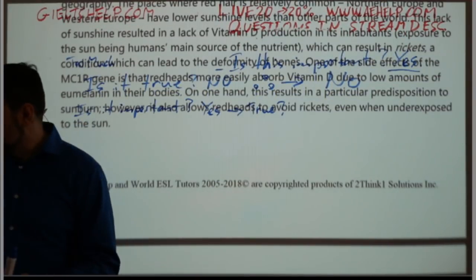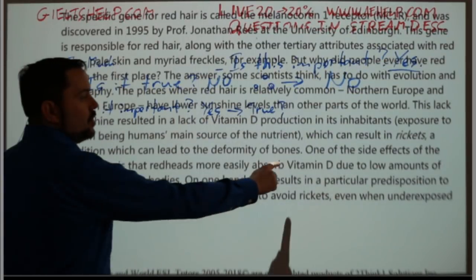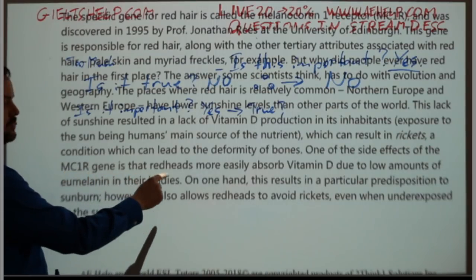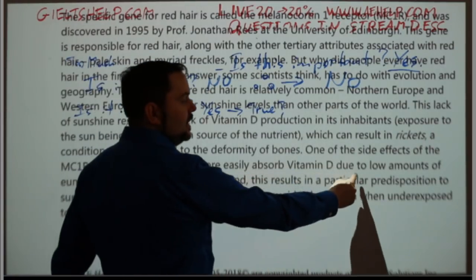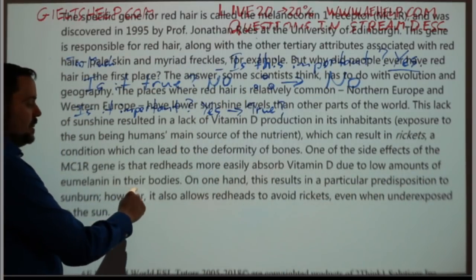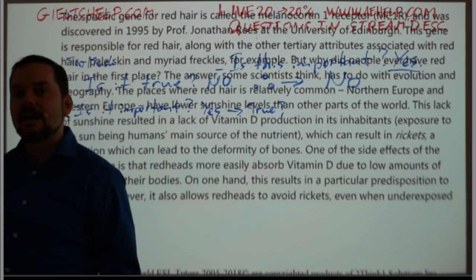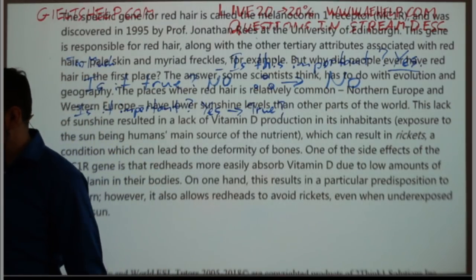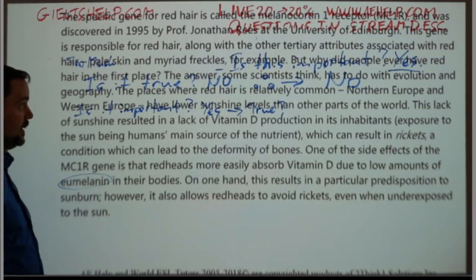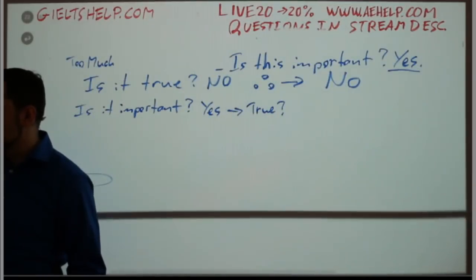Okay, so one of the side effects of the MC1R gene is that redheads more easily absorb vitamin D due to low amounts of eumelanin in their bodies. Okay, so that's where you can go back and you can search for that, especially when you have a unique word like eumelanin right there. Okay, so let's go back to the questions and answers.